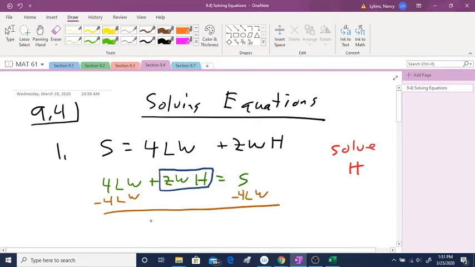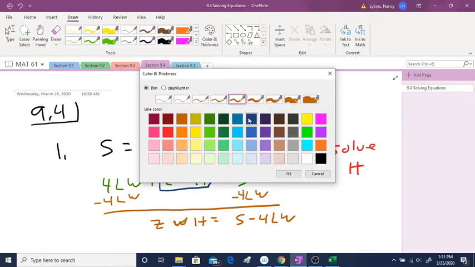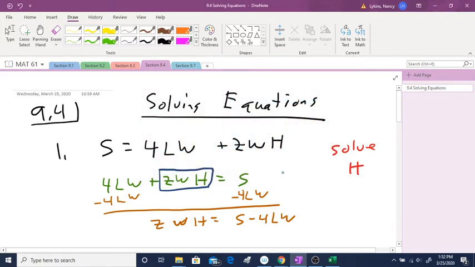What's left is ZWH equals S minus 4LW, and I cannot do anything to that at all. So by moving my 4LW over, that frees up my ZWH.